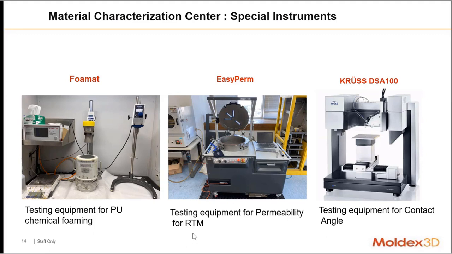This is for resin transfer molding, to measure the permeability of the molding compounds in the fiber mat. And this year we introduced the Krüss DSA100. This is the equipment to measure the contact angle. This property is important for the underfill process in the semiconductor industry. This is important, so we measure this to get the surface tension of the materials.